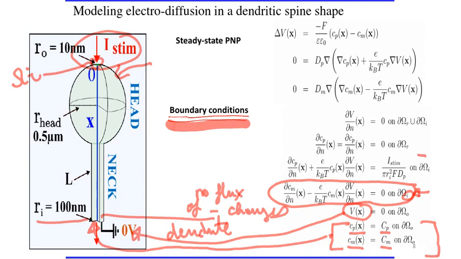All right. However, there is a flux of positive charges, which equals the injected current divided by the surface of the area.